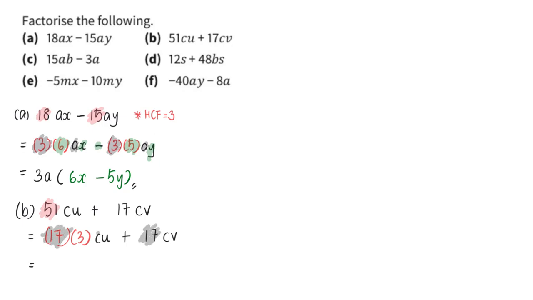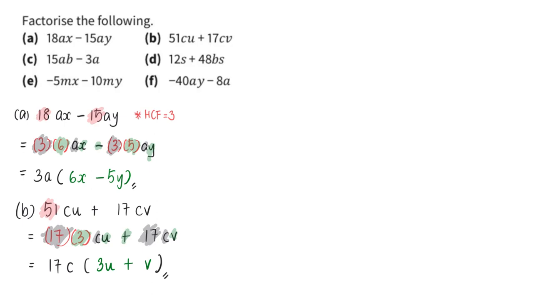There's also another common factor c. And so 17c will be my common factor. I take them out. And I'm left with 3u plus v. 3u plus 1v. And we are done with part B.